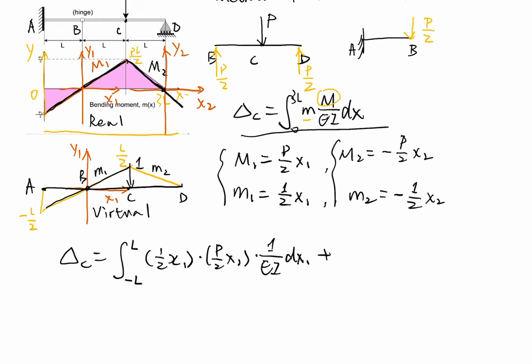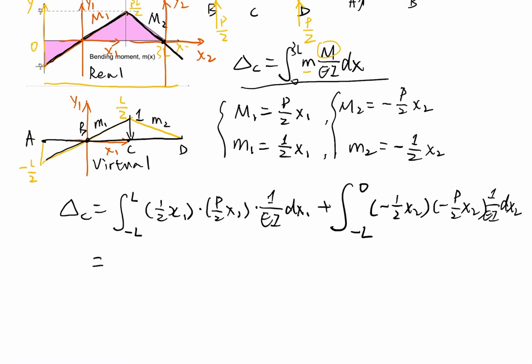The second part is the coordinate system y2, x2. So it changes from negative L to 0. So small m2 is negative 1 over 2 x2, capital M2 is negative p over 2 x2, times 1 over EI dx2. So we can very easily derive the integrals.